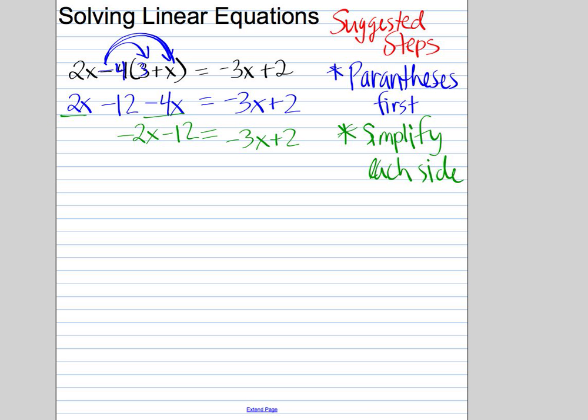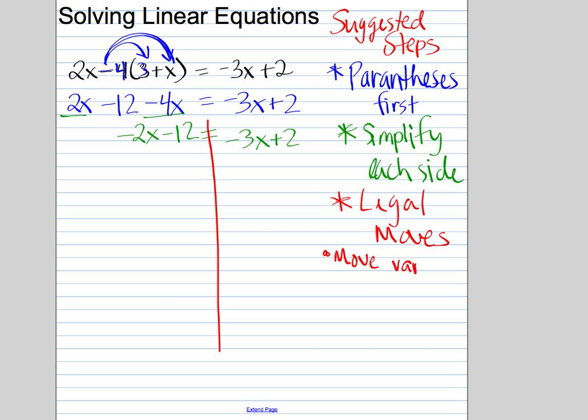Now let's talk about our third step. Our third step is to start moving things, and we want to remember a couple of things. Legal moves are your key here. We're going to do some legal moves, doing things to both sides. I would recommend, again, this is a suggested step, that you move x's, or I should say any variables, together.